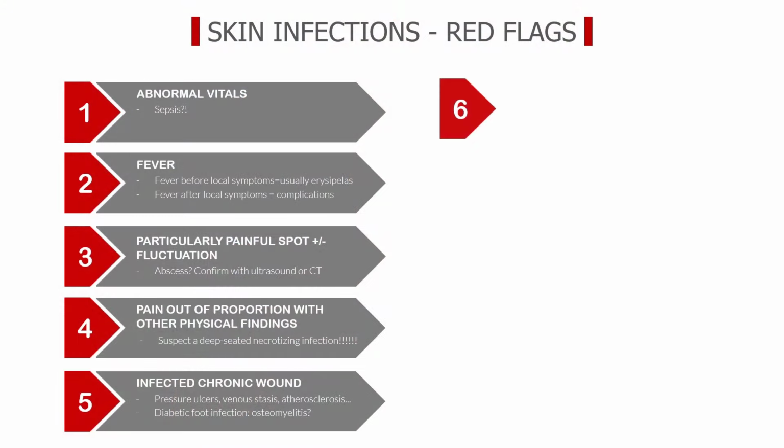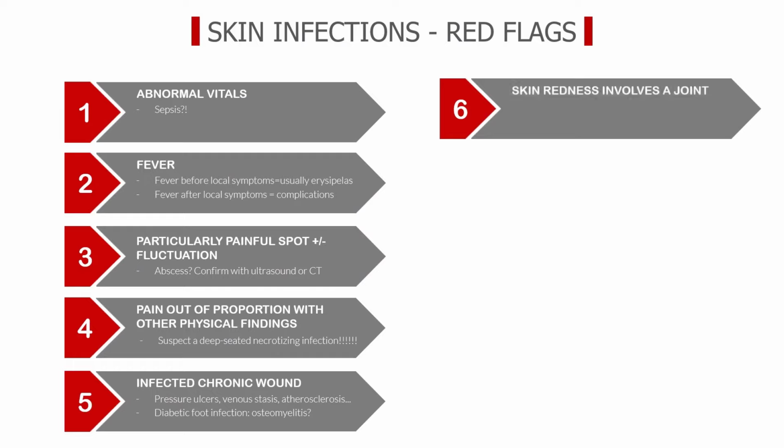And since we are talking about surgical procedures, there is another point I would like to make. If the redness in cellulitis affects a joint, any joint, this is a red flag. You should examine this joint very carefully, looking for signs of septic arthritis. So you should be looking for signs of joint swelling, pain, and reduced mobility. If you find any of that, you will need to take a sample of the synovial fluid.